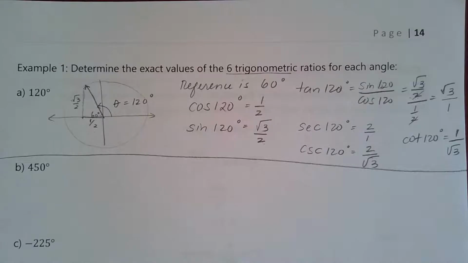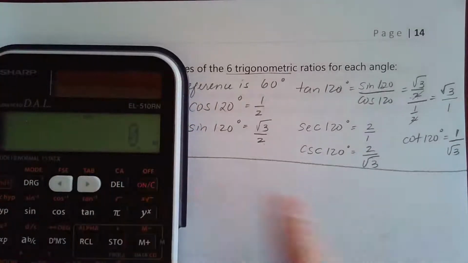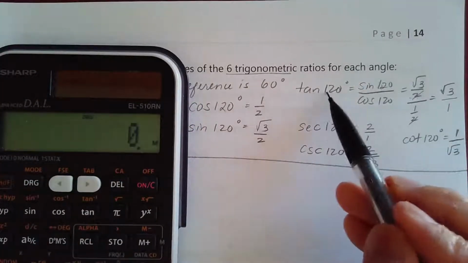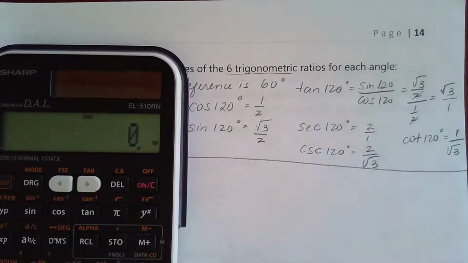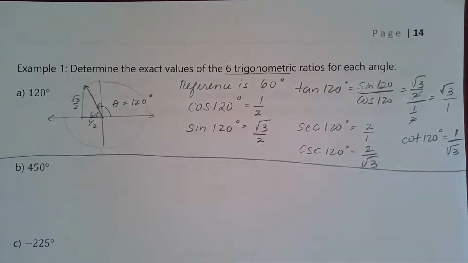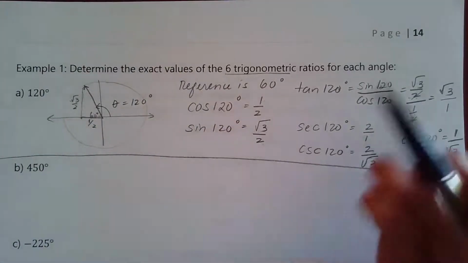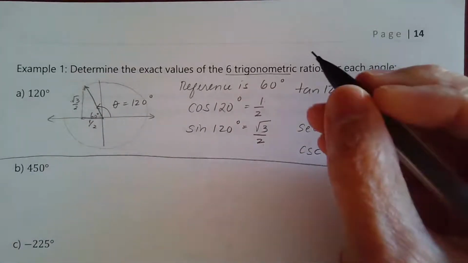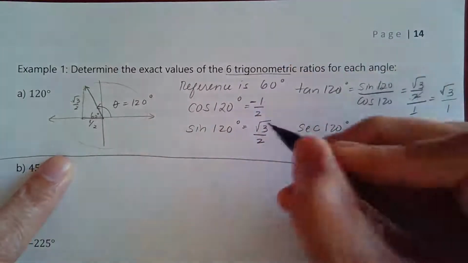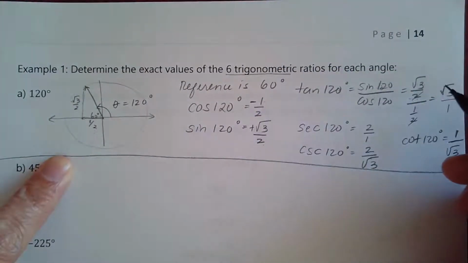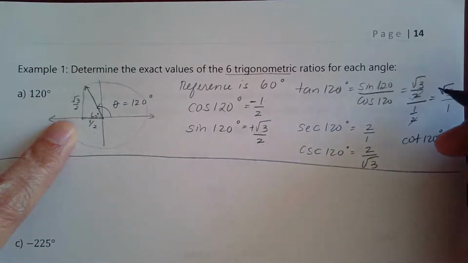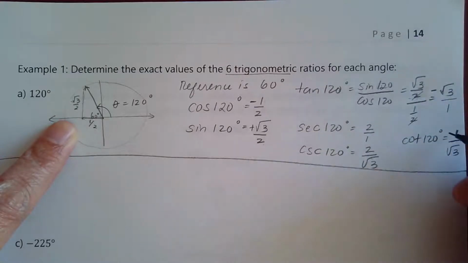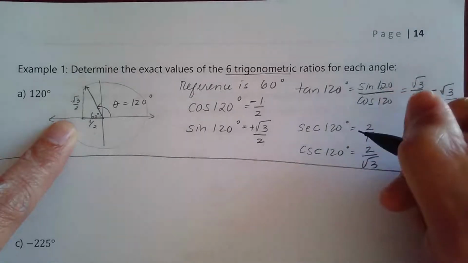Okay, I just want to show you something in here for a second. Let's type in tan of 120 degrees on our calculator. Oh, there's one thing that I forgot. Because it's a negative, cos is negative here. This is positive. Then this is going to be negative, and then this is going to be negative.